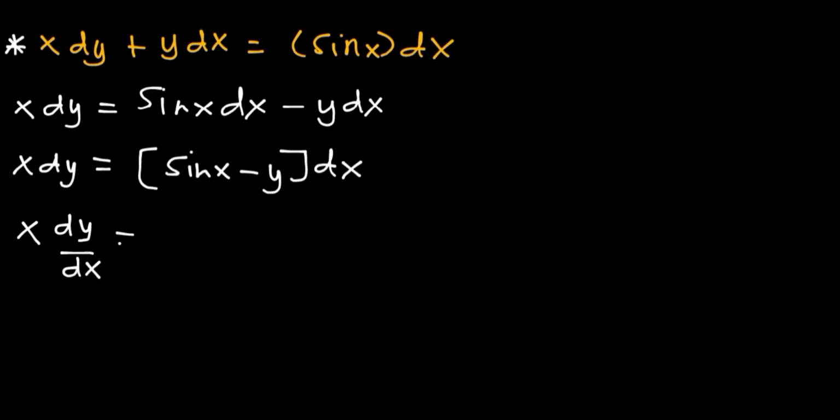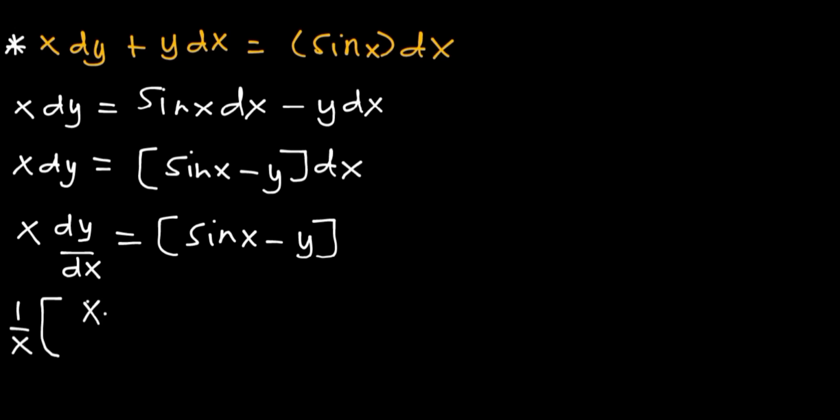x dy dx, and on this side we're just going to have sine x minus y left on the right hand side. Now we also need to take this away, so we just need to multiply through by 1 over x. So that is going to be 1 over x. So this is x multiplied by dy dx, and on this side we're going to have sine x minus y.